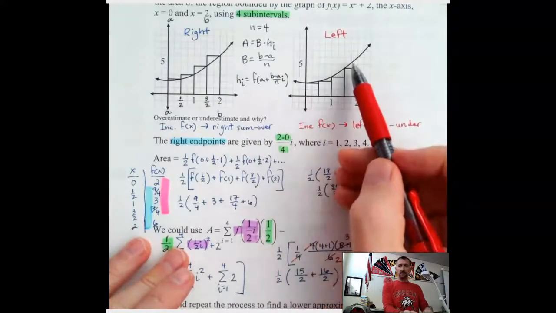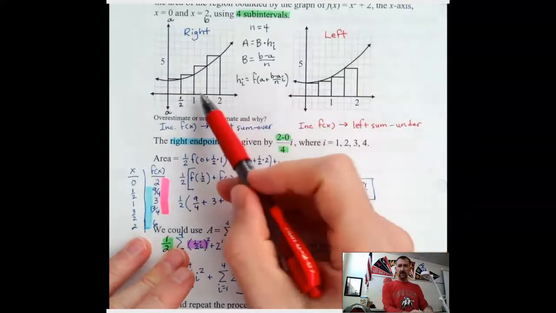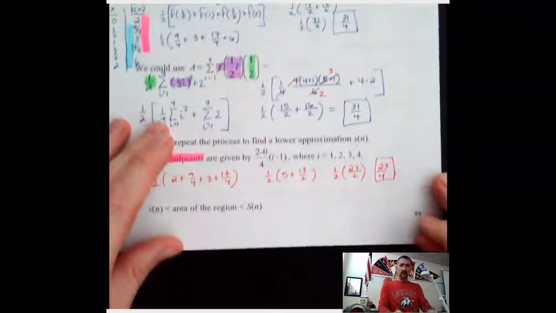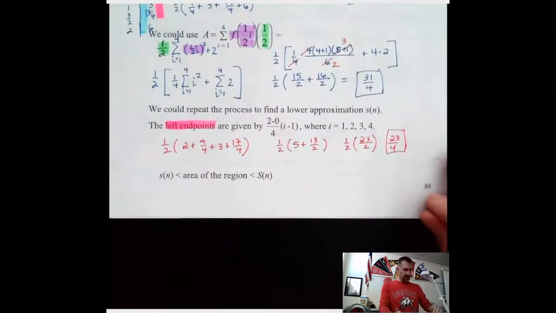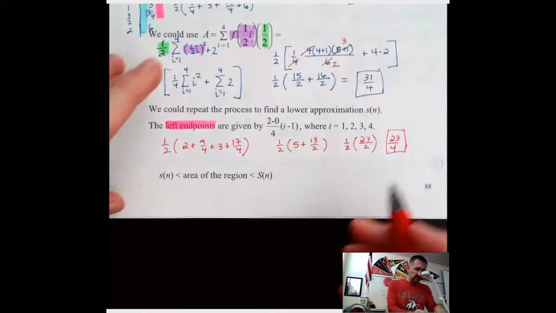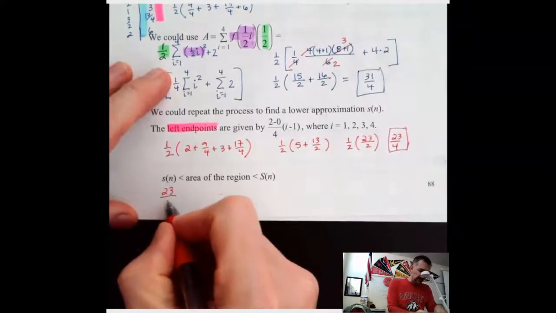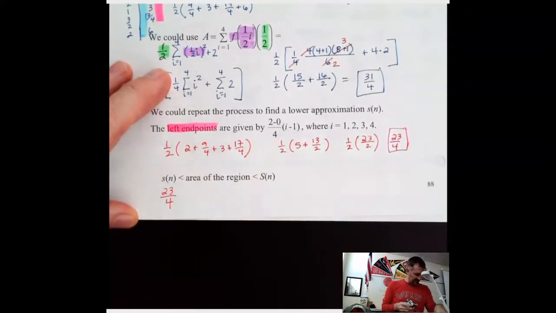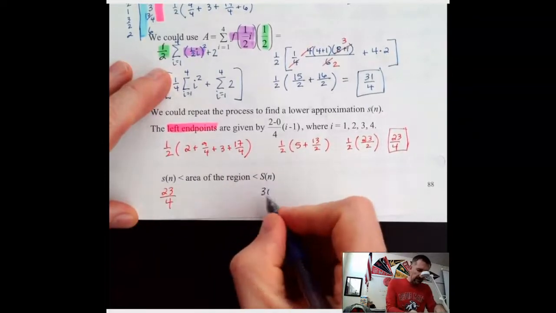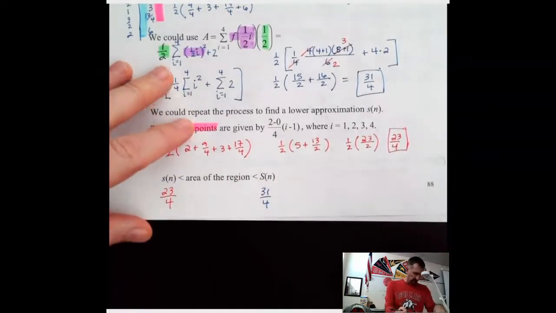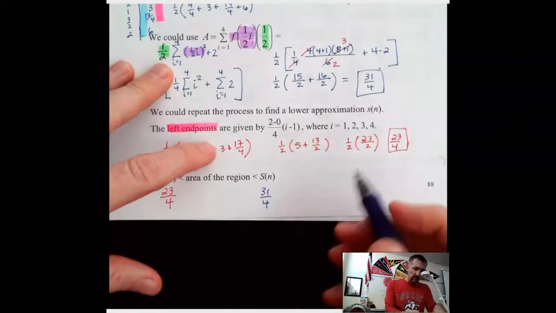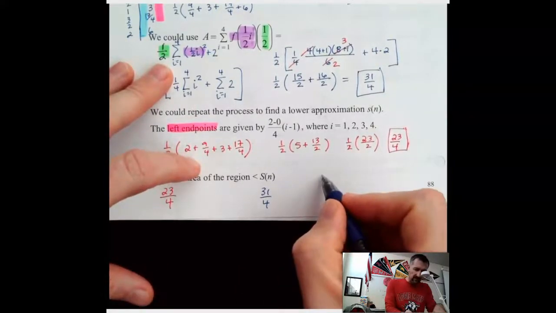So clearly the area of these rectangles would be less than the area of those rectangles. Now, the area of the actual region, if we think about it, is going to be somewhere in between those two, because that's under and that's over. Okay? So one thing we could do is find the average of those.